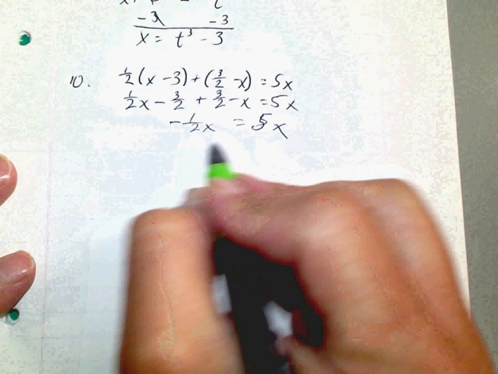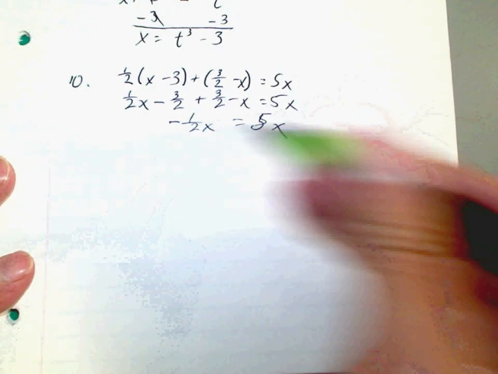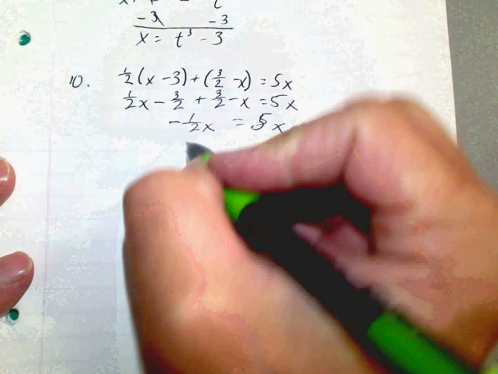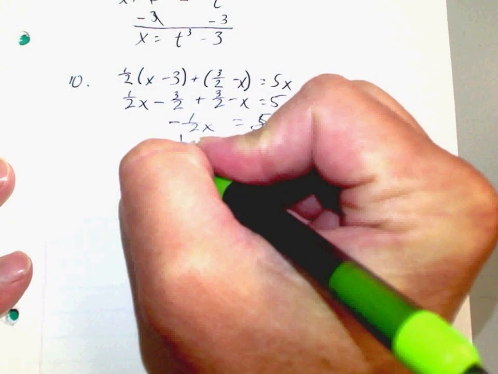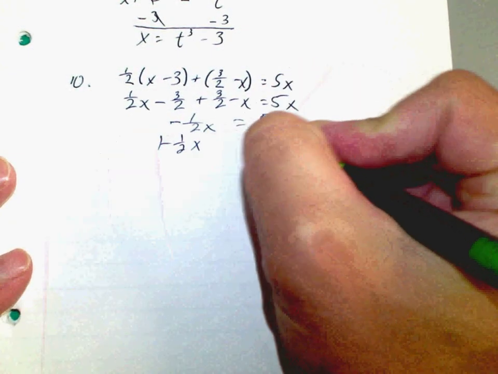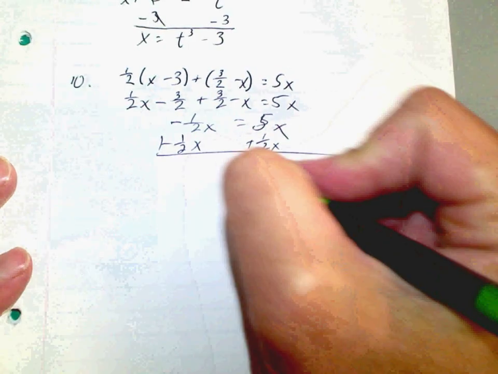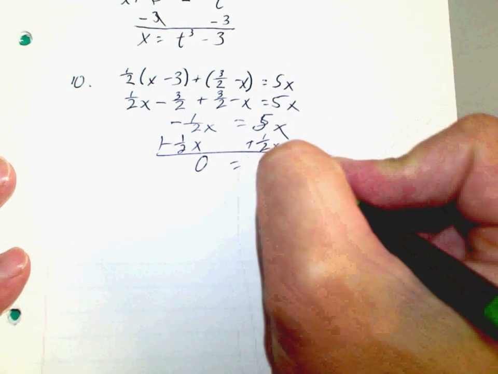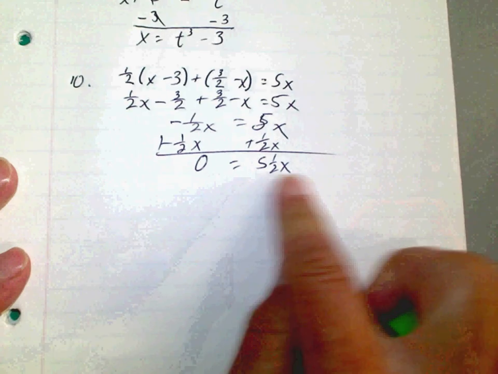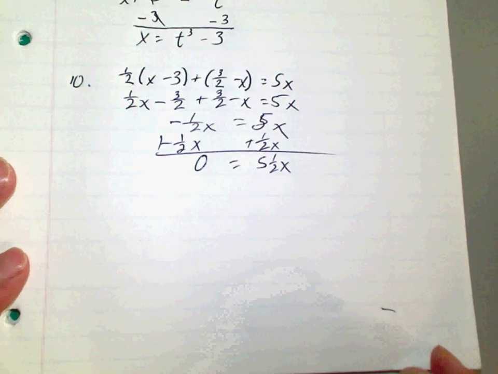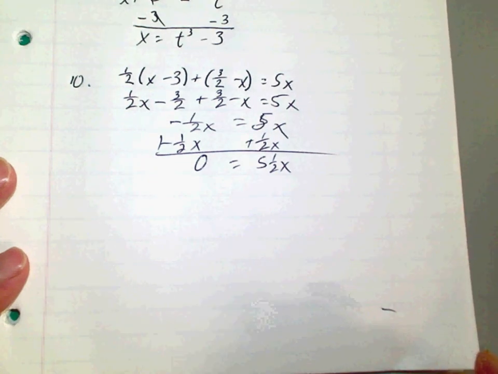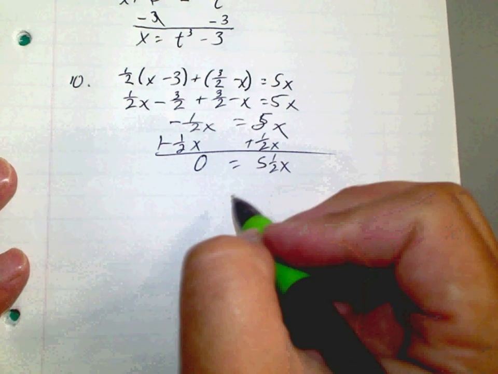And which way do we want to take the x's? To the right or to the left? I don't care. To the right, so we'll add a half, and you get 0 equals 5.5x. 5.5 times what will be 0? 5.5 times 0. 0 is the only thing x can equal right here.